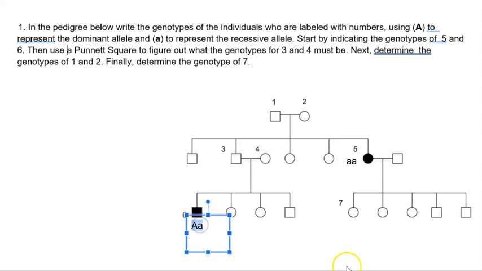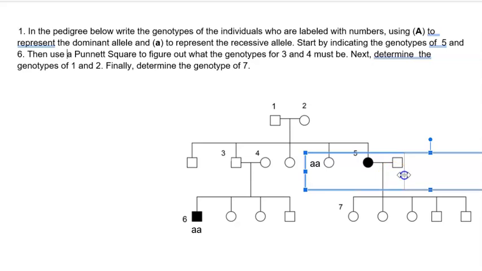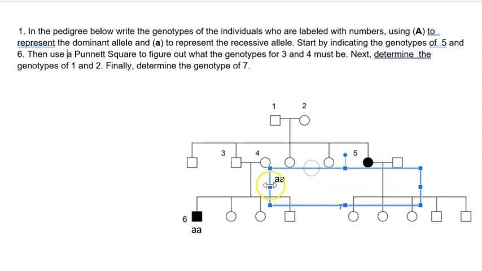If you have the dominant allele, or if you have 2 dominant alleles, then it's impossible for you to have a recessive condition. So we're going to say both of these are lowercase a, and I'm just going to stick their genotype below them.